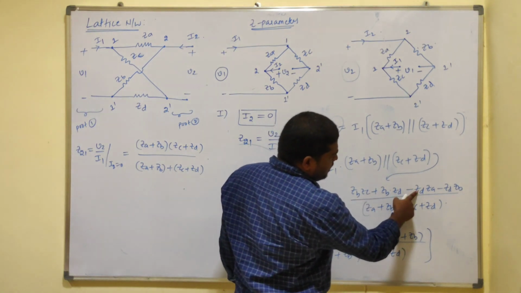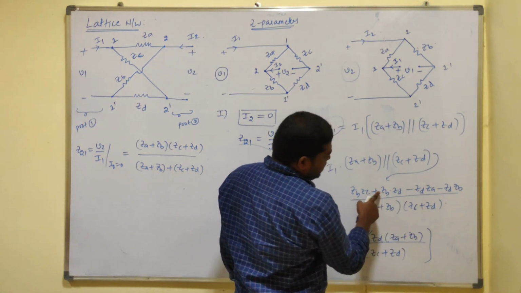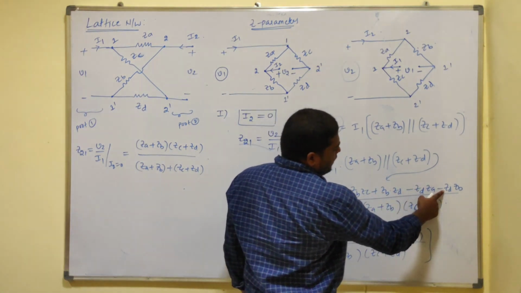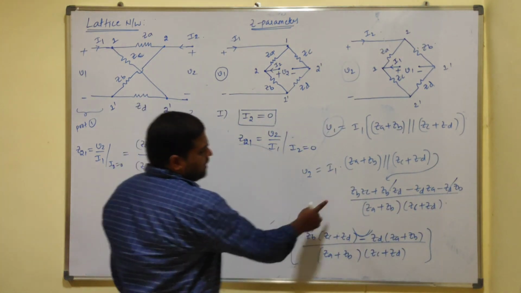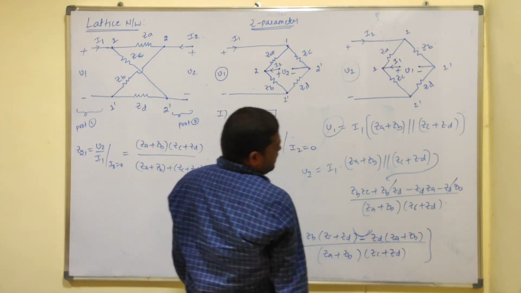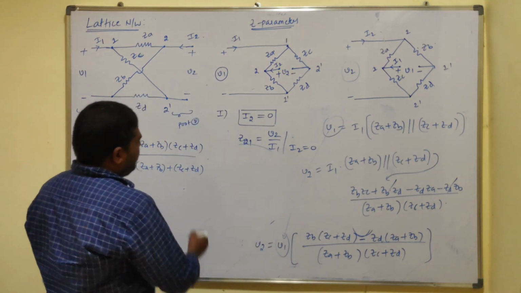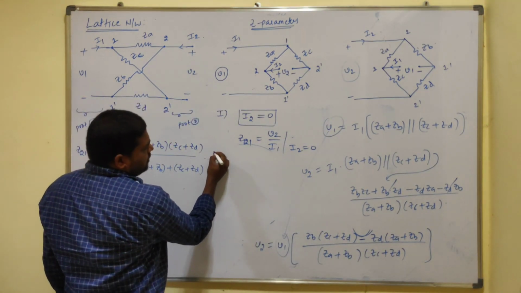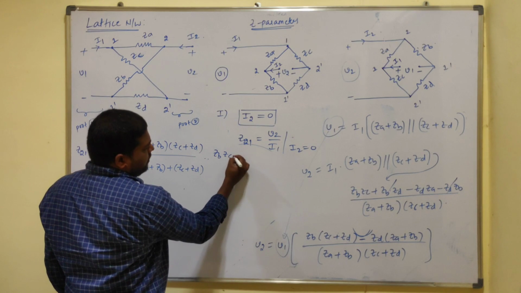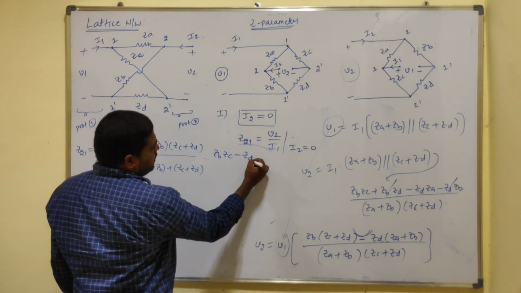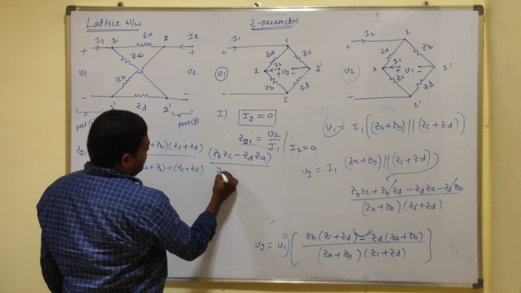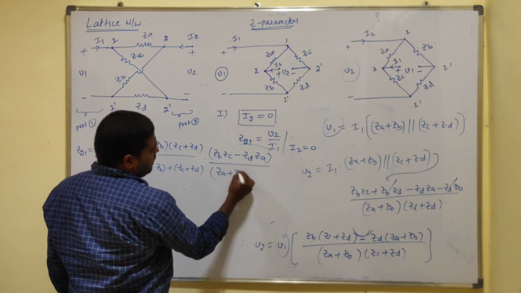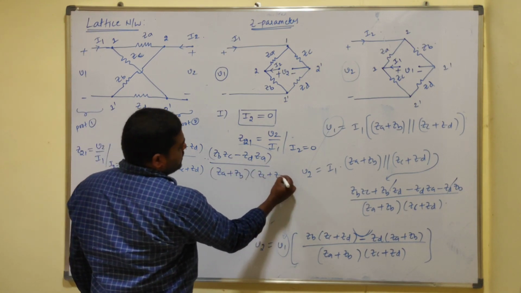Here ZB ZD and here minus ZB ZD, these two are cancelled, then you will get ZB ZC and minus ZA ZD. So now you will get ZB ZC minus ZD into ZA by ZA plus ZB and ZC plus ZD.